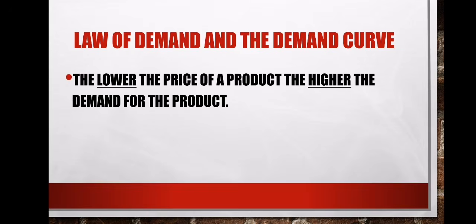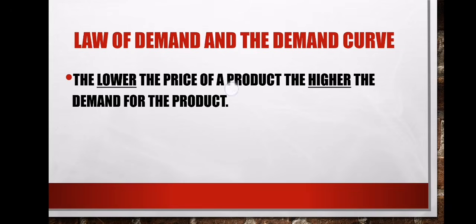We simply say here, in the law of demand, the lower the price of a product, the higher the quantity demanded. Or else, if the price of a product decreases, the demand of that product will increase.